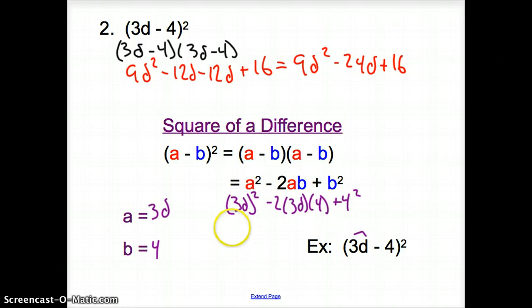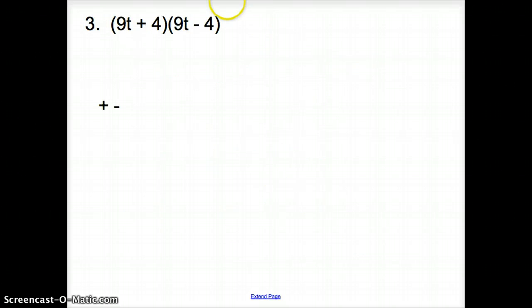Simplifying, it turns into 9d squared, because the square goes to the 3 and to the d, minus 2 times 3 times 4. 2 times 3 is 6, times 4 is 24d plus 16.